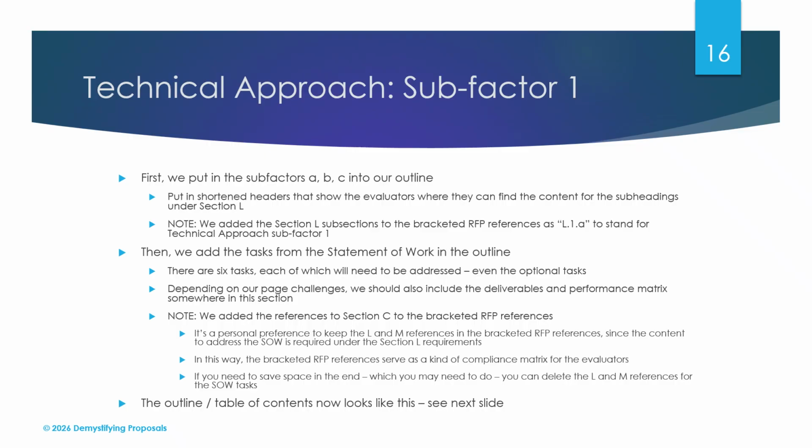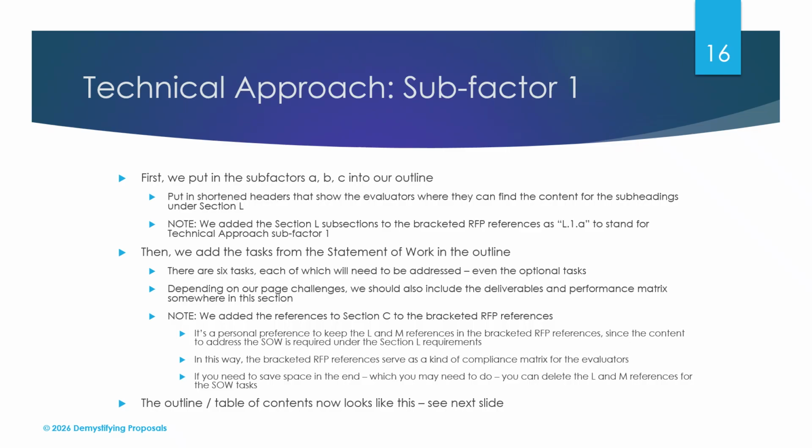So the first thing I would do is make the headings for our subfactors A, B, and C in our outline. So I wouldn't put in the full text of subfactors A, B, and C, because those are fairly long. So I would shorten them. You want to make it language so that it's very clear how it relates to the subfactor.